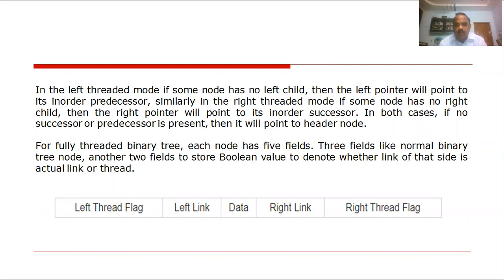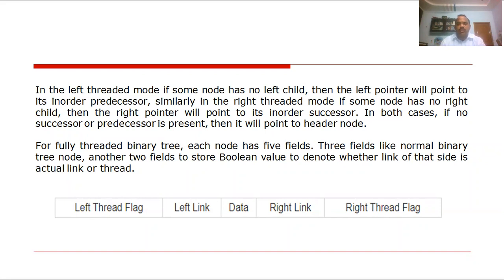In the left threaded mode, if some node has no left child, then the left pointer will point to its in-order predecessor. Similarly, in the right threaded mode, if some node has no right child, then the right pointer will point to its in-order successor. In both cases, if no successor or predecessor is present, then it will point to the header node. For a fully threaded binary tree, each node has 5 fields. 3 fields are like a normal binary tree node.